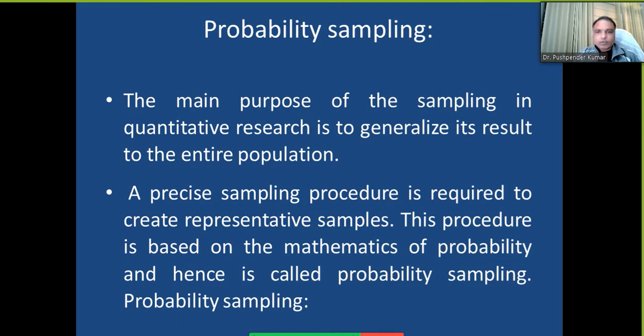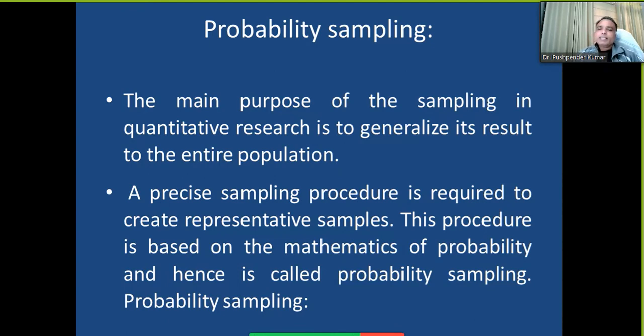So you should not waste your money, effort or time to go and talk to each and everyone in the population. Instead you go to a sample, collect the sample, and then conduct a research, and it would be equivalent to the research which you need to conduct on the population.